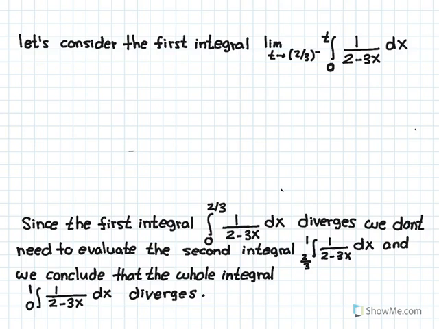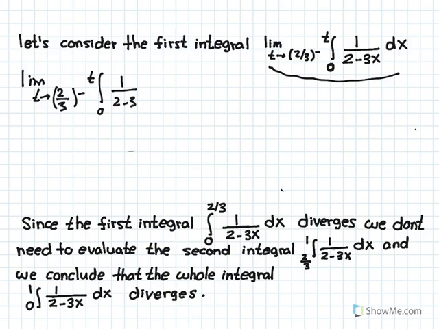Now let's consider the first integral: the limit as t approaches 2/3 from the negative side of the integral from 0 to t of 1 over 2 minus 3x dx.